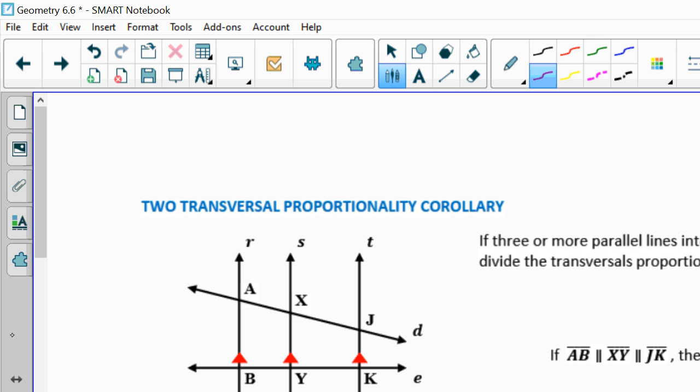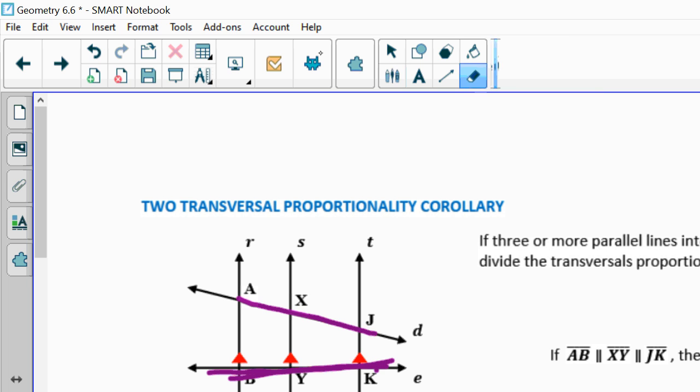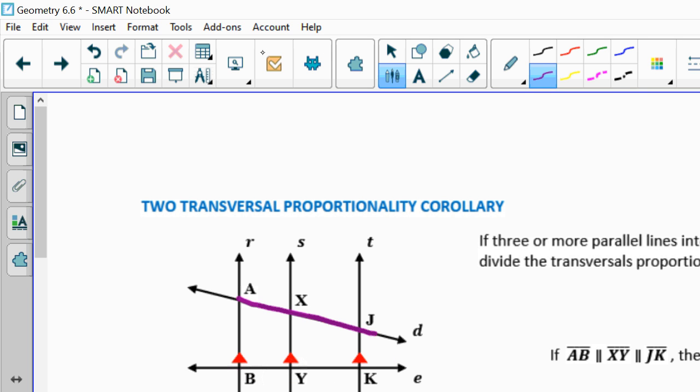So then I can say that all the way down, AJ is proportional to over here, EY over YK.